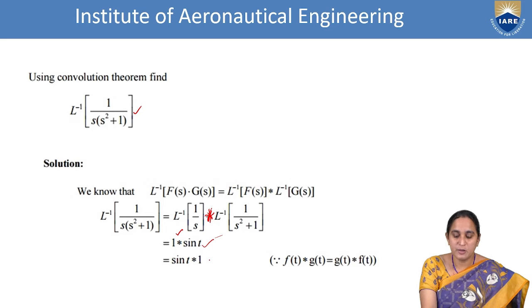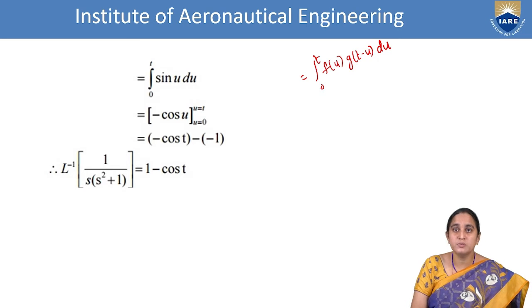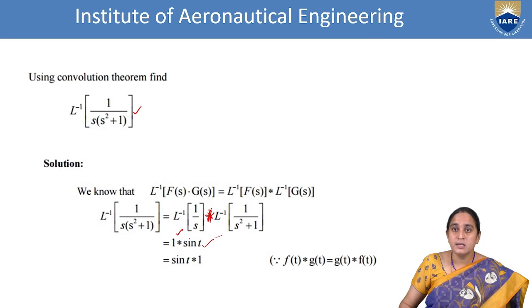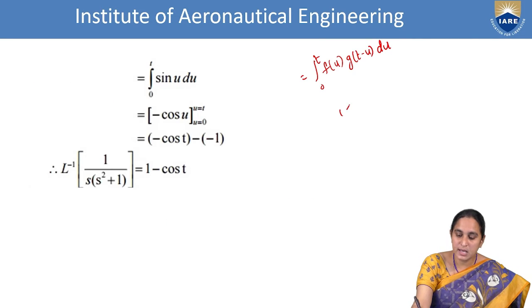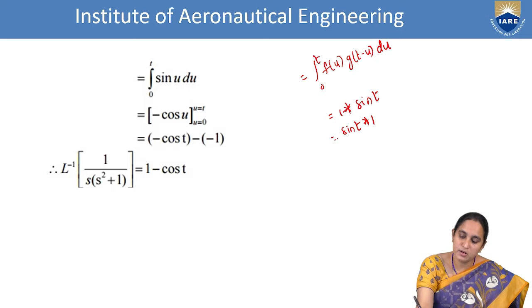That is general. Because I'll write this as 1 star sine t, in that f of u is equal to 1, g of t minus u is equal to sine t. But for our convenience, I'll write 1 star sine t as sine t star 1. Both are same only.